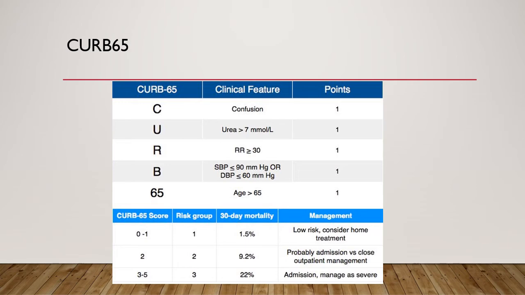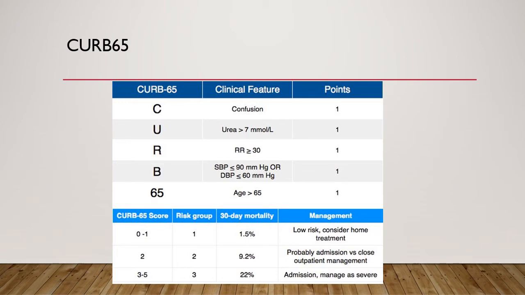For a score from 3 to 5, patients are taken as severe CAP and they're ideally managed in the ICU. So as the score increases, the 30-day mortality increases, with a significantly increased mortality at scores from 3 to 5.